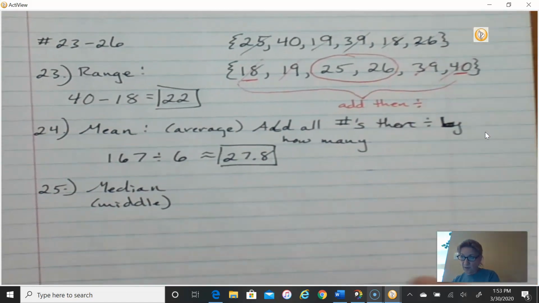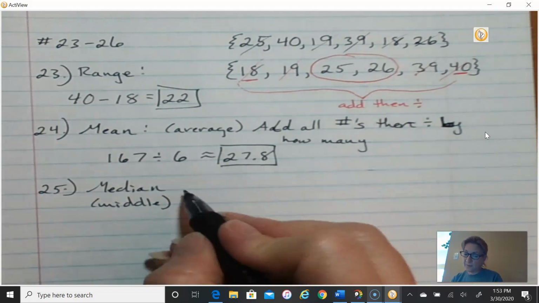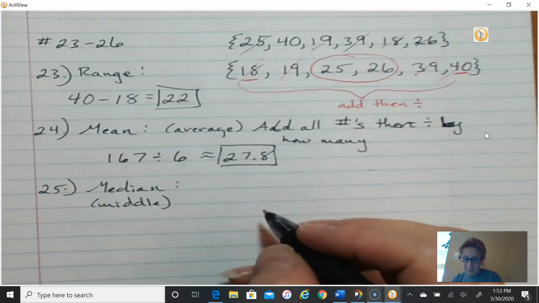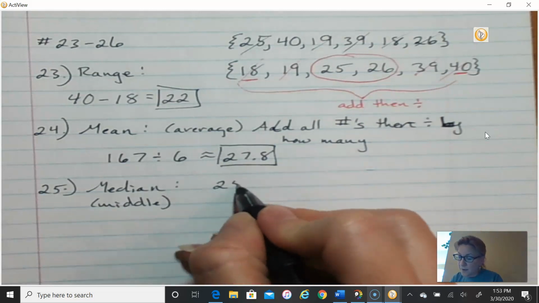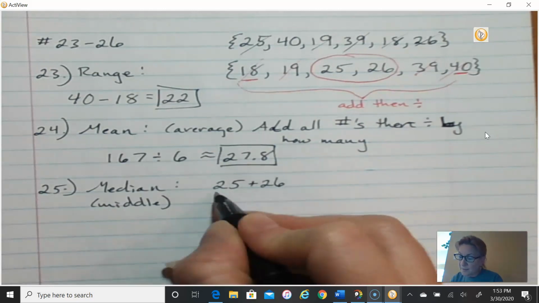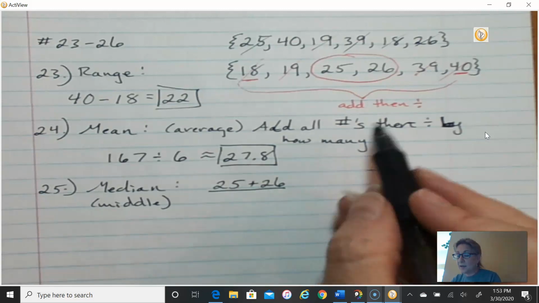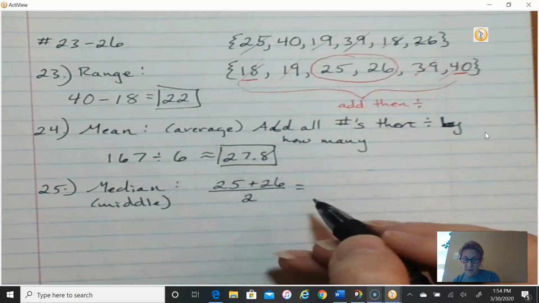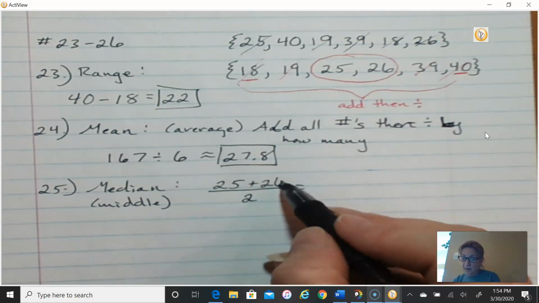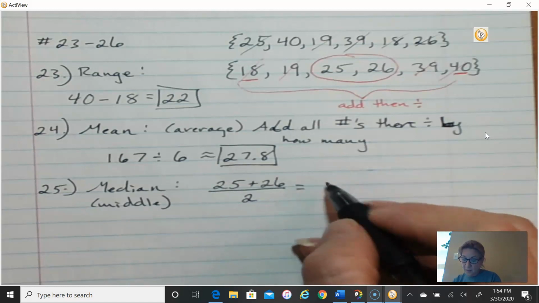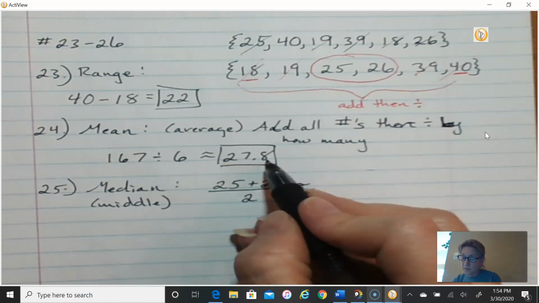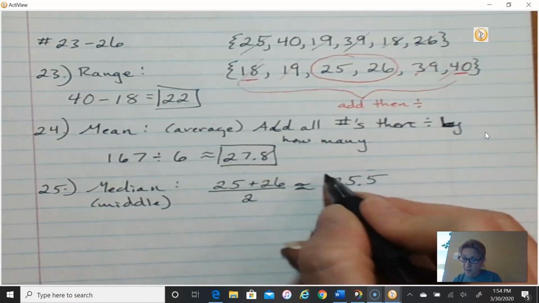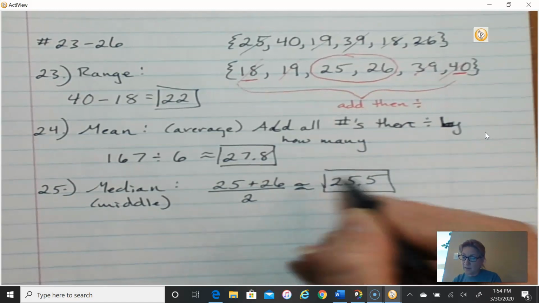So if you remember from the notes, if it's an even number, then you must get the average of those. So it would be 25 plus 26. And how many numbers are there? There's 2. So if you add and then divide, and of course round to the nearest tenth, like the directions say, 25.5 is your answer.